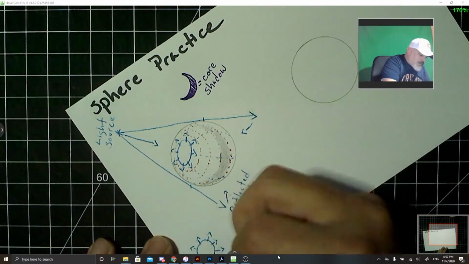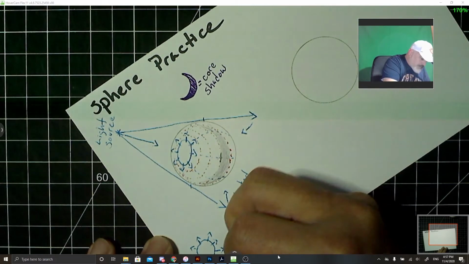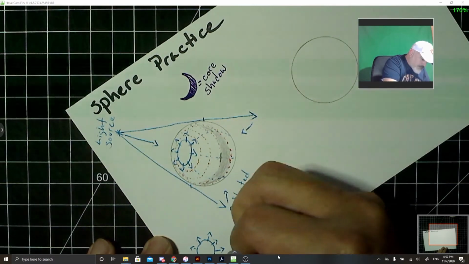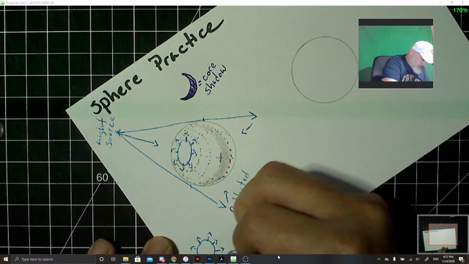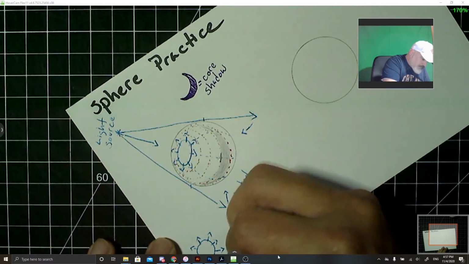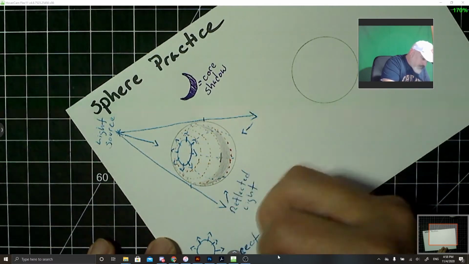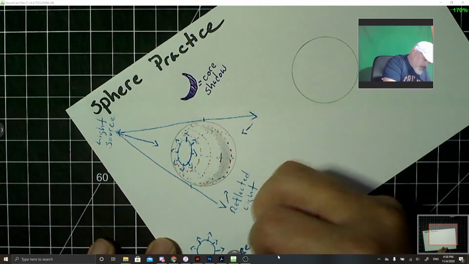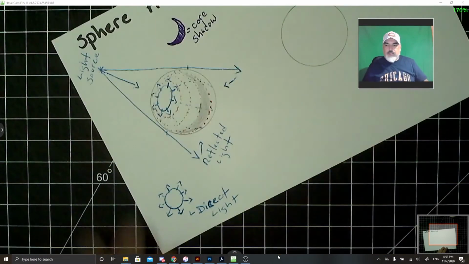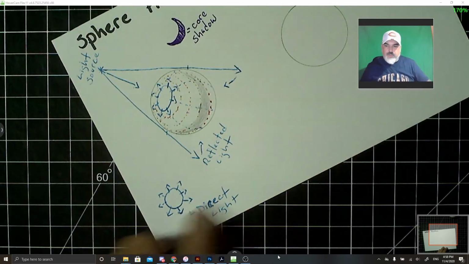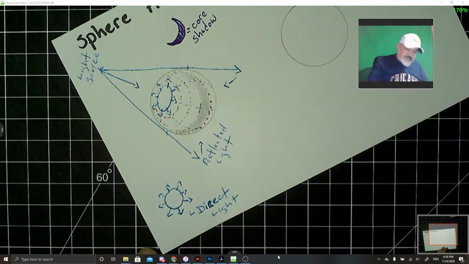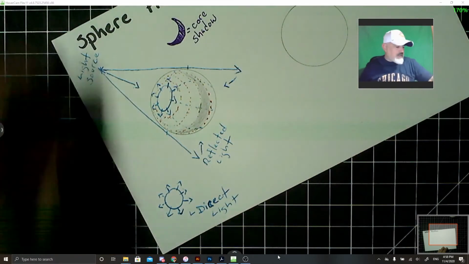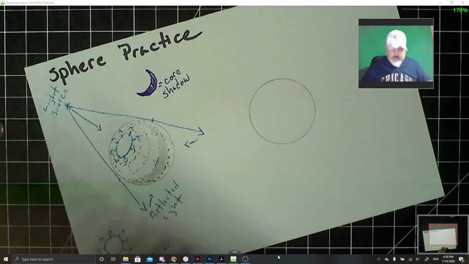And it's important to label. I'm sorry, my pen's acting up. So that's supposed to be an R, right? Direct light. This pen decided to act up right where the R was at.